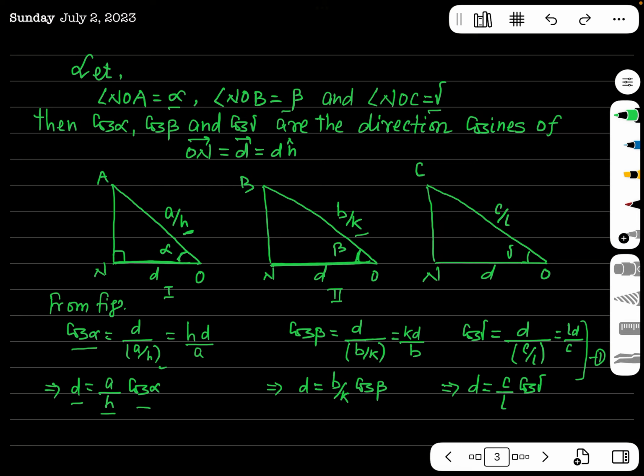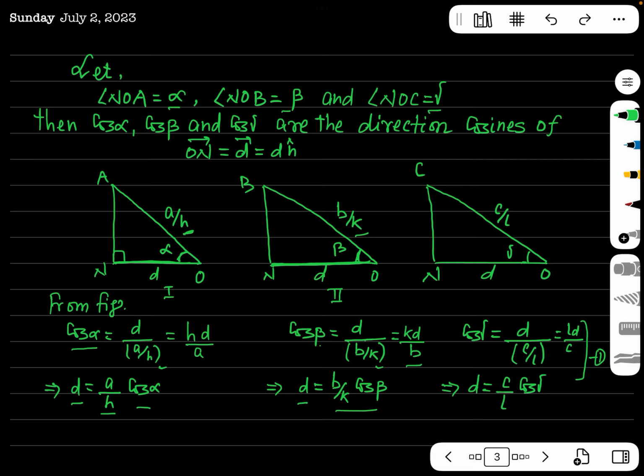But ON is again d and OB is b by k. So cos beta is equal to d divided by b by k, or equivalently kd divided by b. And so d can be written as b by k into cos beta.